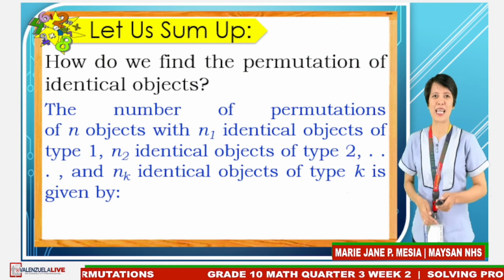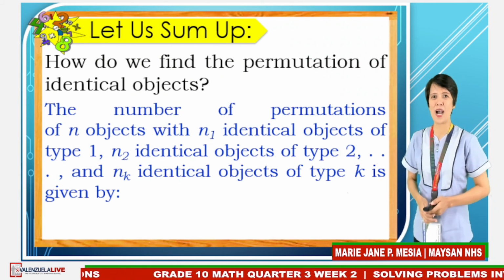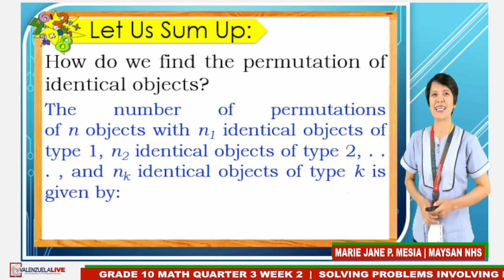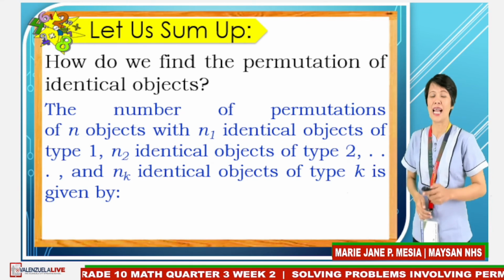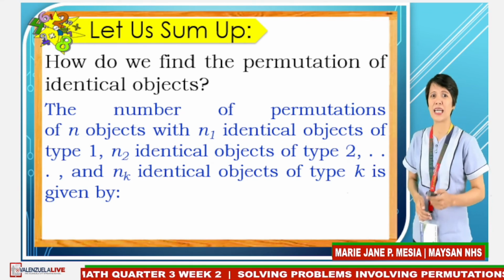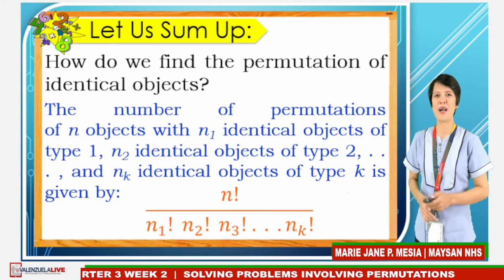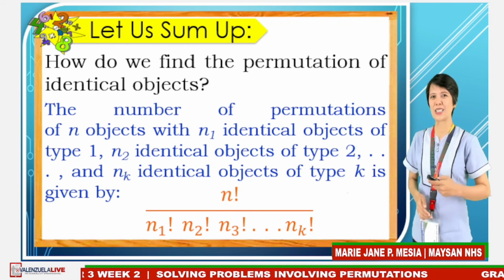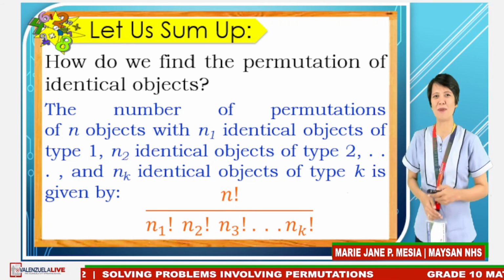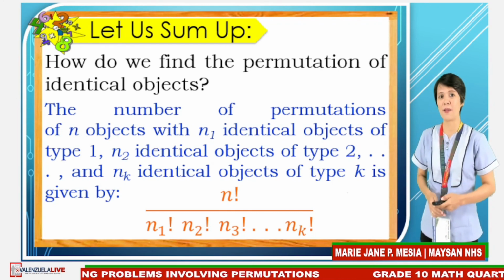So how do we find the permutation of identical objects? The number of permutations of n objects with n sub 1 identical objects of type 1, n sub 2 identical objects of type 2, and so on, and n sub k identical objects of type k is given by n factorial divided by n sub 1 factorial times n sub 2 factorial times n sub 3 factorial, and so on, up to n sub k factorial.